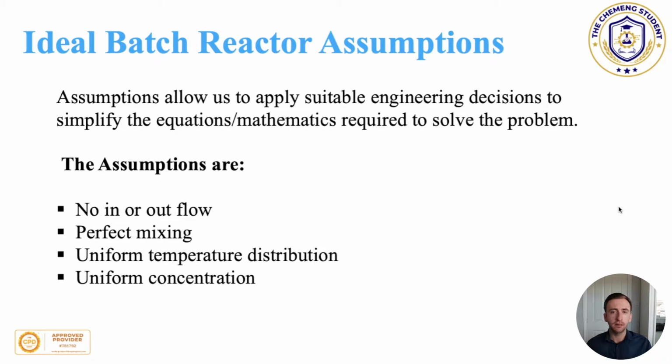We will have perfect mixing, a uniform temperature distribution, and a uniform concentration throughout the entire vessel. The more assumptions that you make, the easier the design will be, but the further it will deviate from a real reactor system.